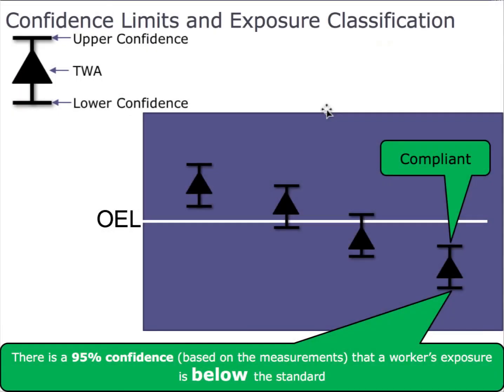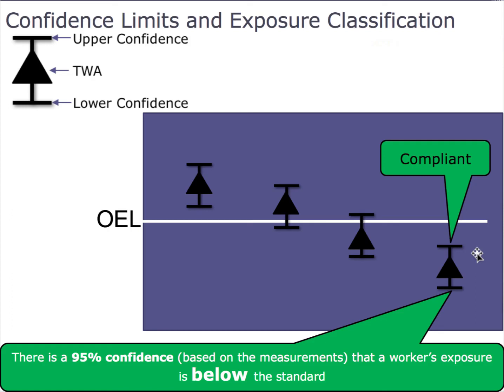In our second scenario, our upper confidence limit is below 1, or below our occupational exposure limit. And if our upper is, of course our lower is. Now we're 95% confident, based on the measurements that we took, that the worker's exposure is below the standard, or below the occupational exposure limit.